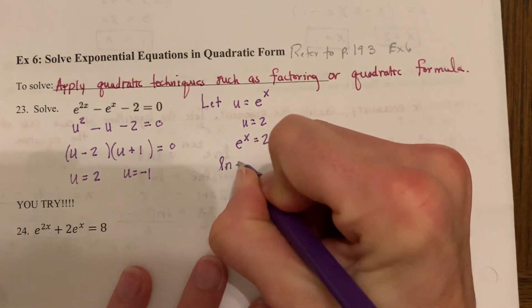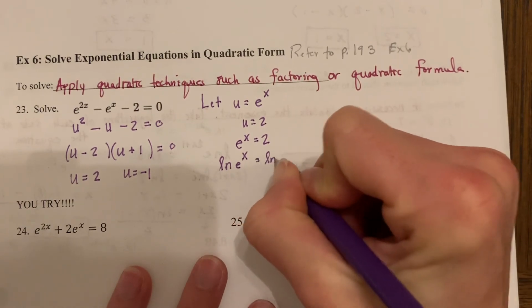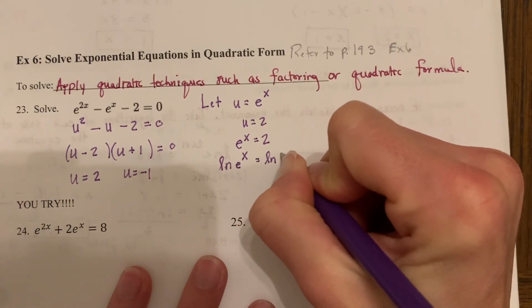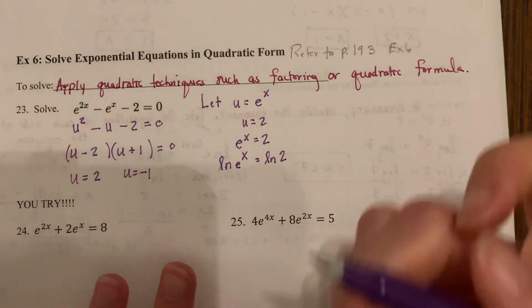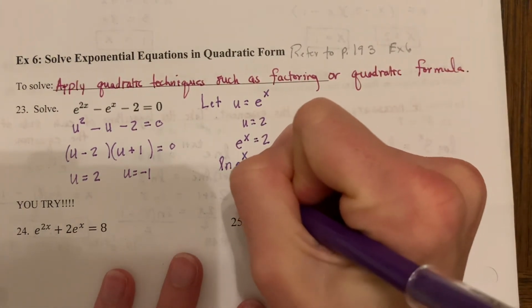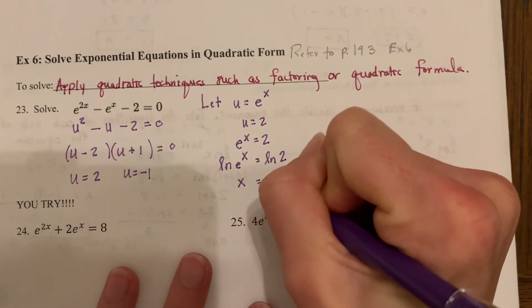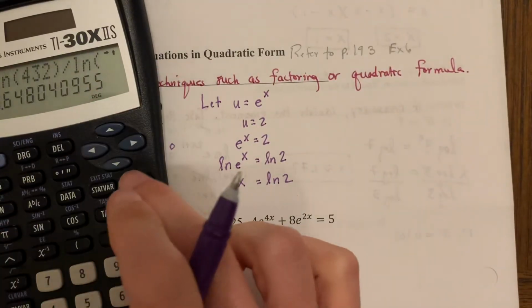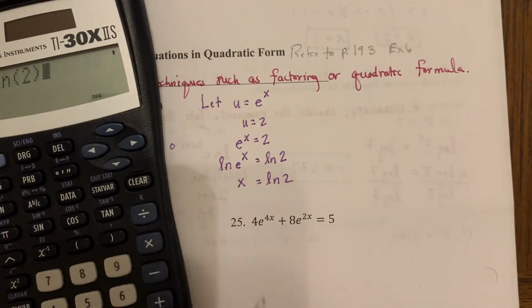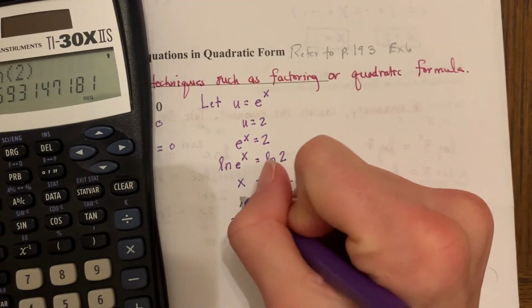So I have the natural log of e to the x power is equal to the natural log of 2. Now, the natural log of e to the x power is equal to x. So x is equal to the natural log of 2. So if I take on my calculator the natural log of 2, x is approximately 0.69.